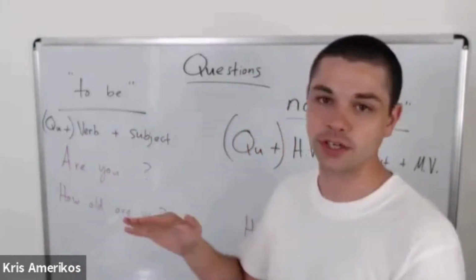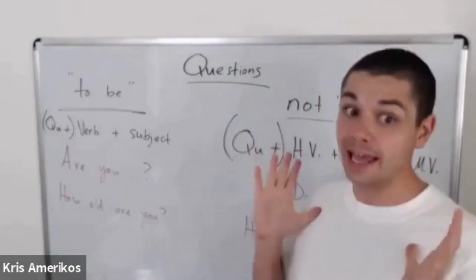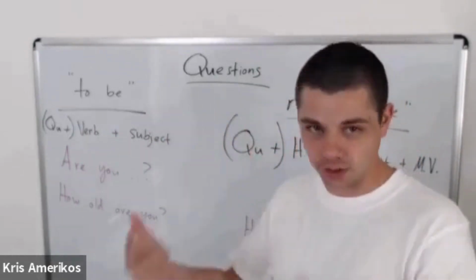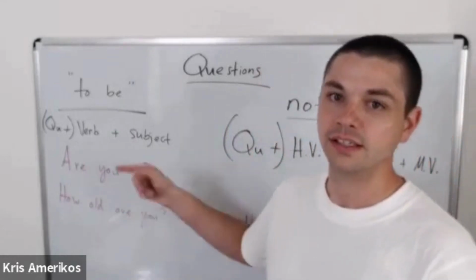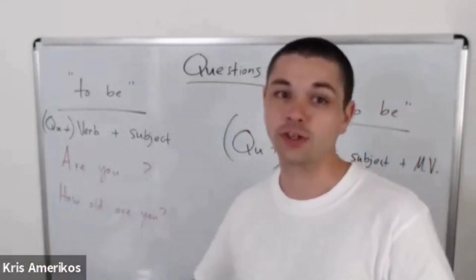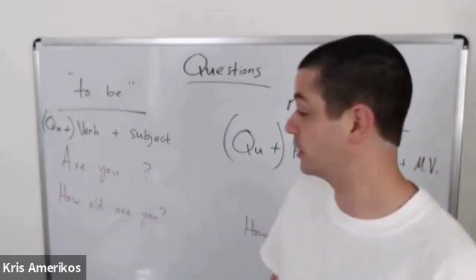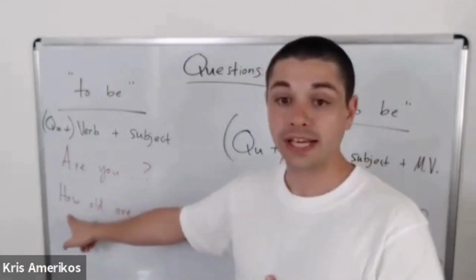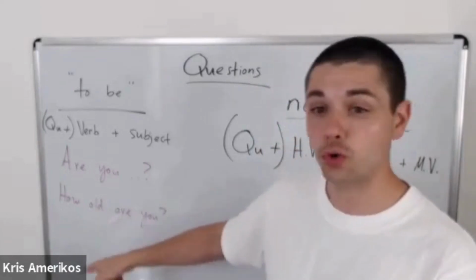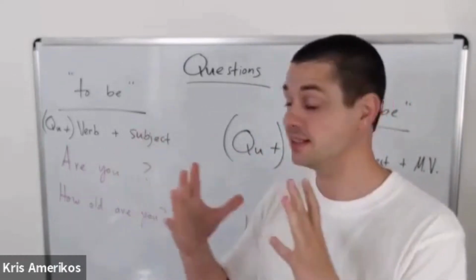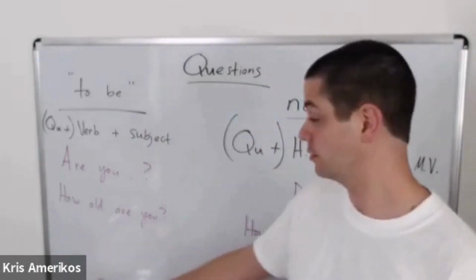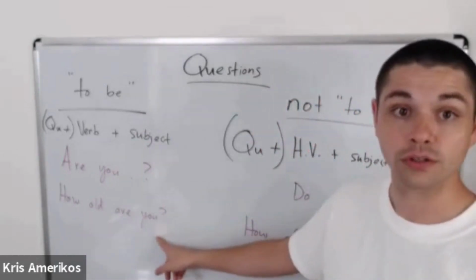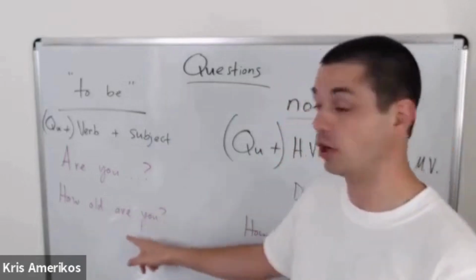So this is not a question, but if we change it, am I, this is a question. So we have, are you hungry? Yes, I am hungry, or no, I am not hungry. Or we can have a question word or a question phrase in the beginning. So we could say, how old are you? How old are you?